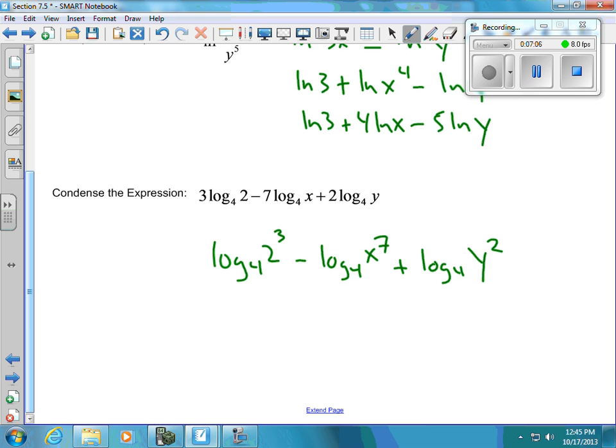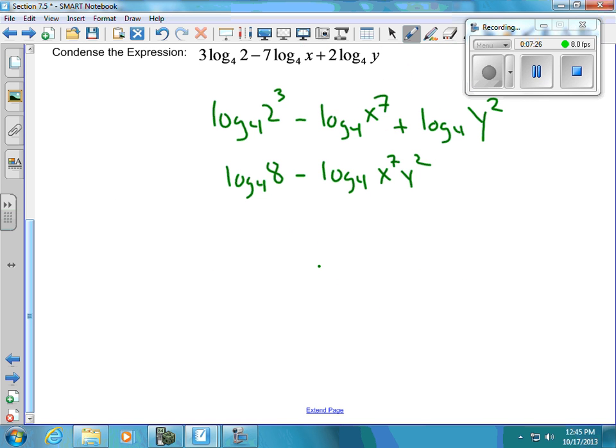So I'm going to use the product rule to combine the sums here. So log base 4 of 8, so that's 2 to the third, minus log base 4 of x to the 7th y squared.